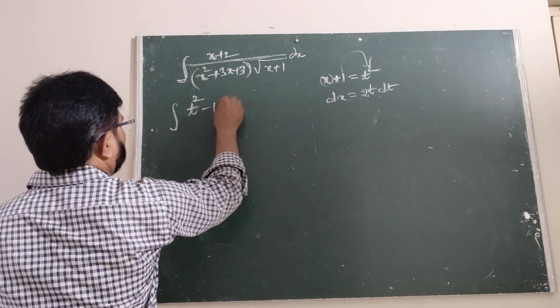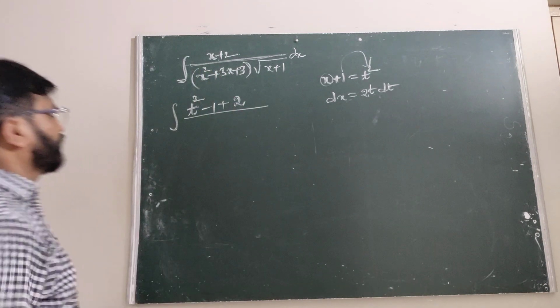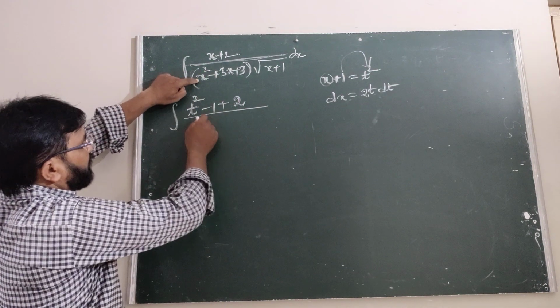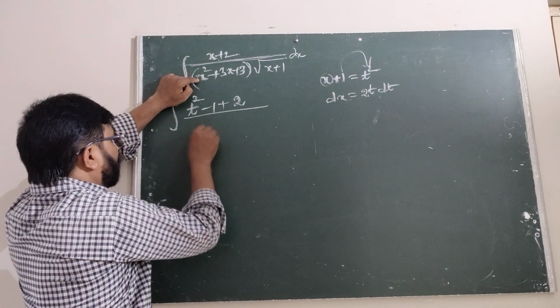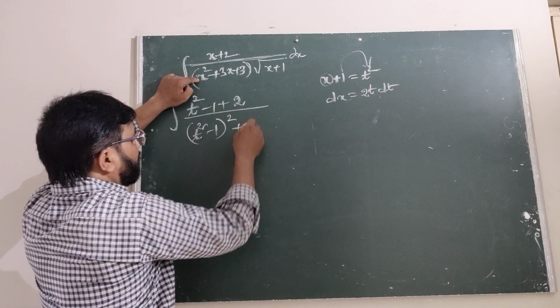Now the numerator is plus 2, and x square is (t square minus 1) whole square.